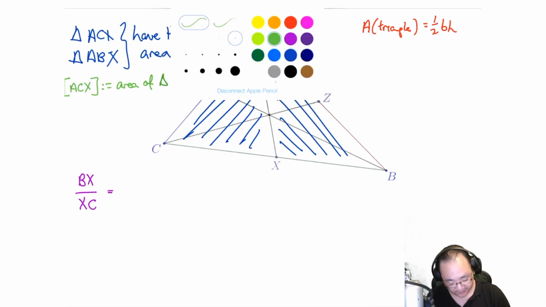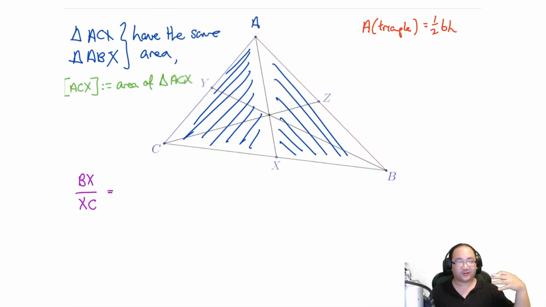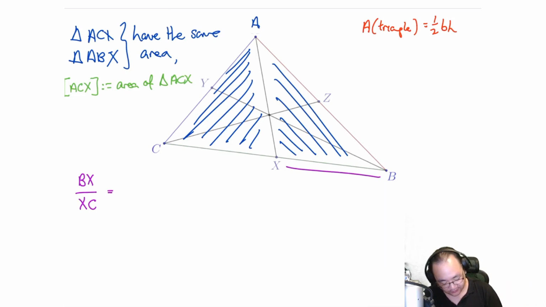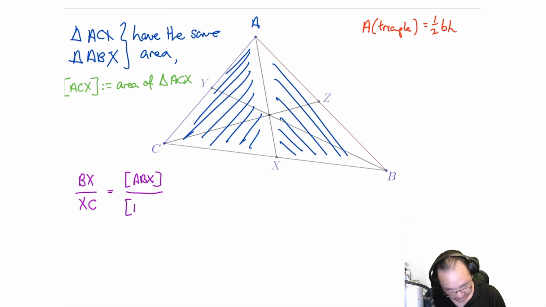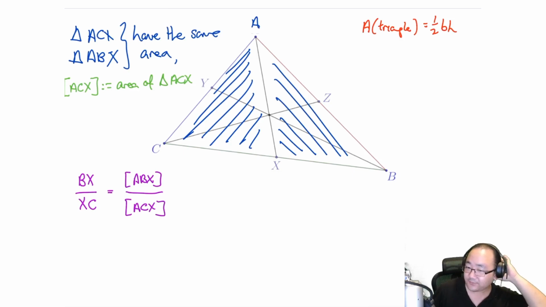I'm going to consistently use this notation because it will be easier to read in the long run. So BX over XC is basically going to be the same as the ratio of ABX to the ratio of ACX.